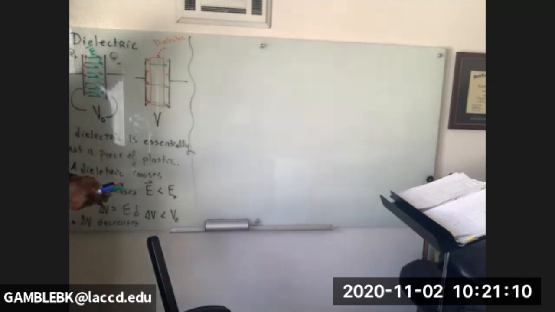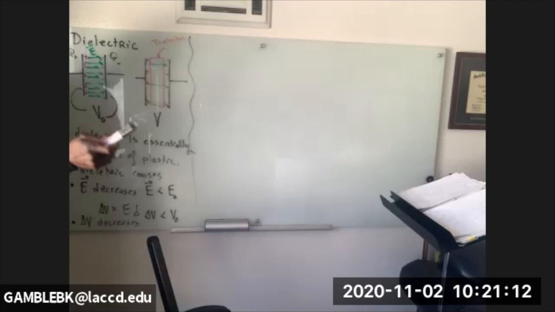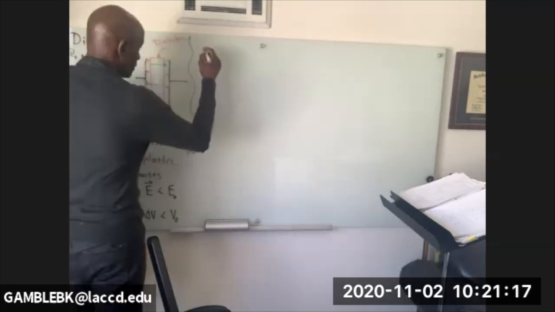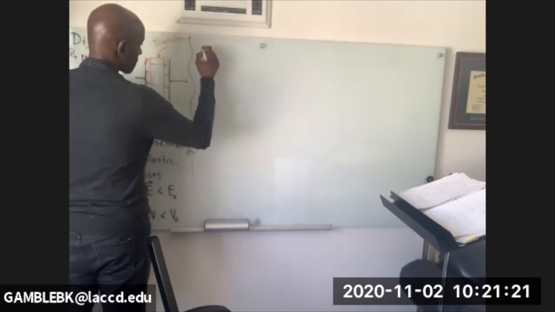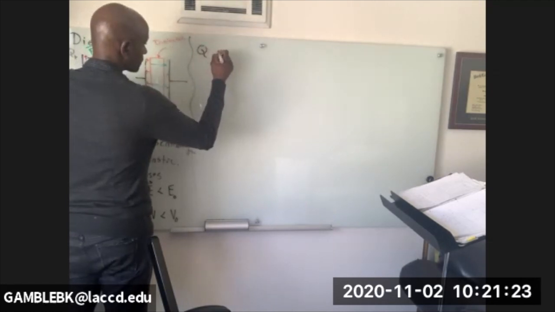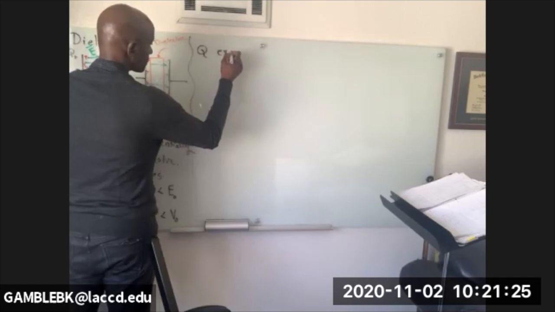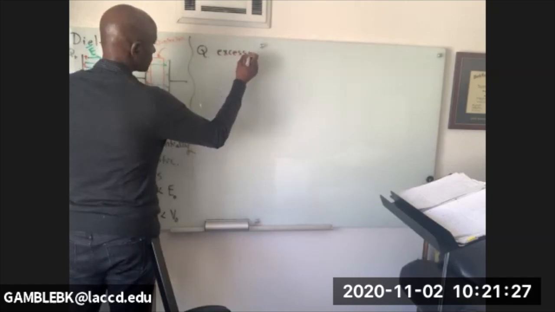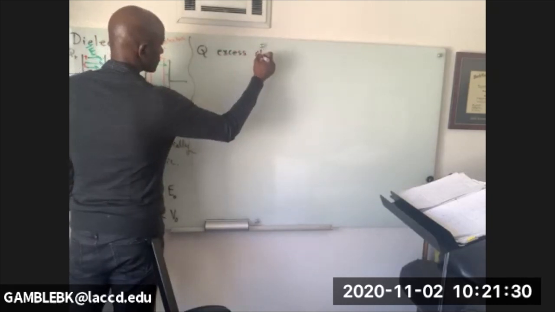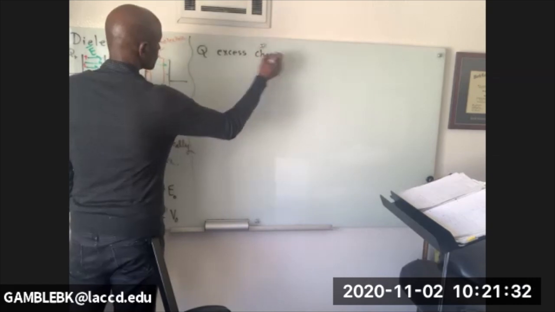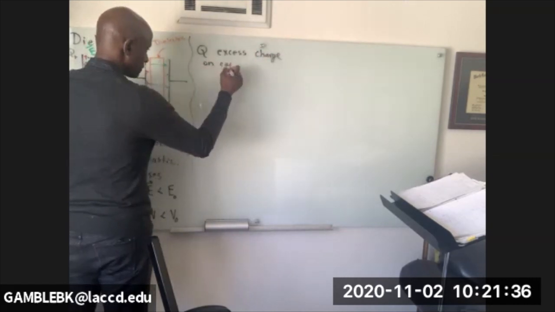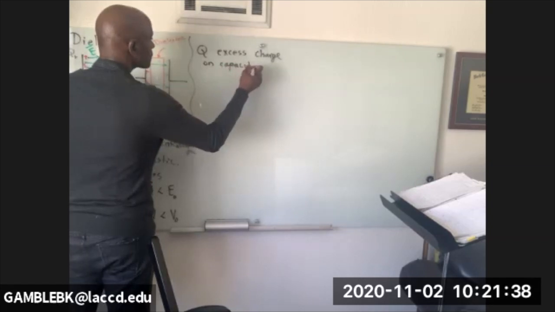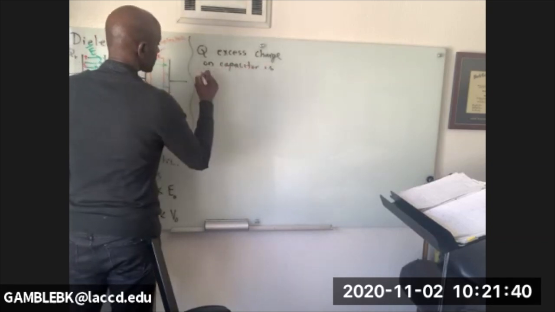So charge stays the same. And here we're talking about excess charge on the capacitor. That's what I mean by charge. So the excess charge, or just charge on the capacitor, is not affected.